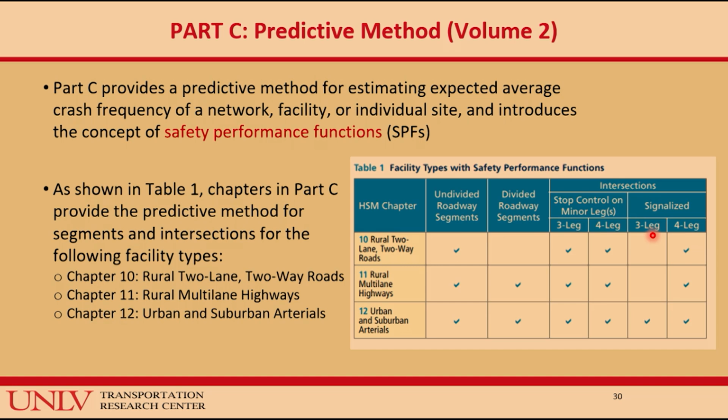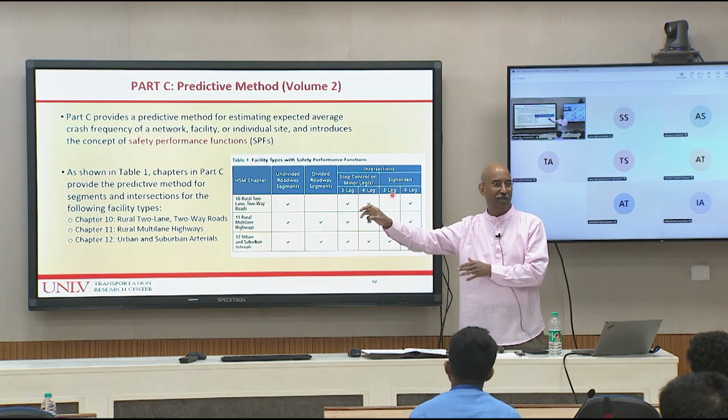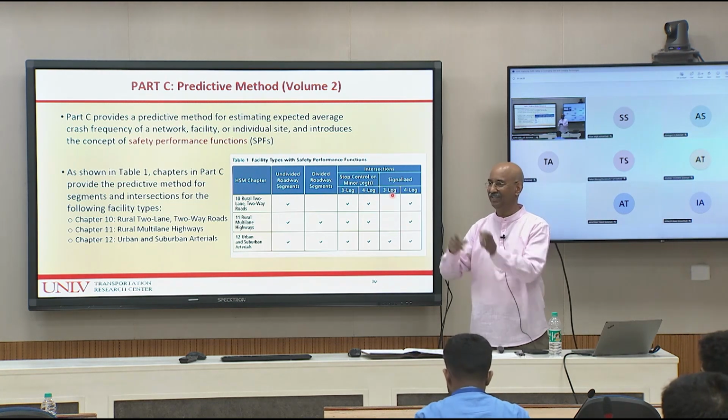But keep in mind, all of these are based upon the US and Canadian context for the most part, and some may be from other parts of the westernized or developed countries. So please be very, very careful. Do not use those factors and just say, oh, the CMF from the Highway Safety Manual said this.